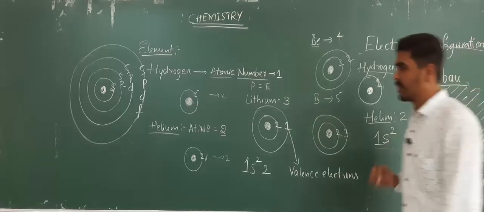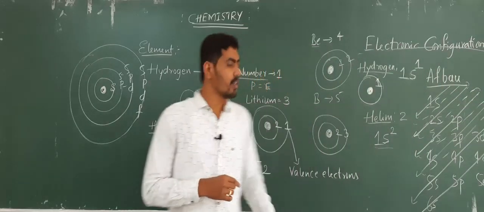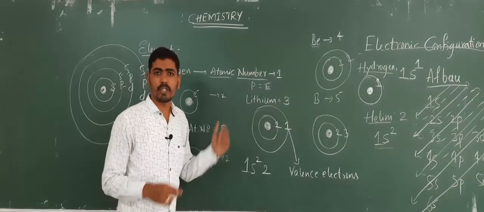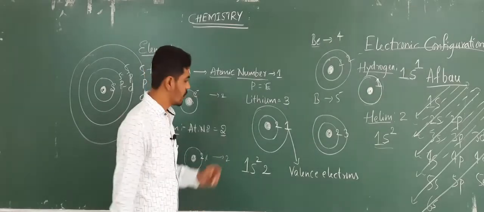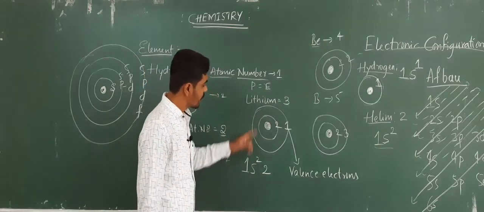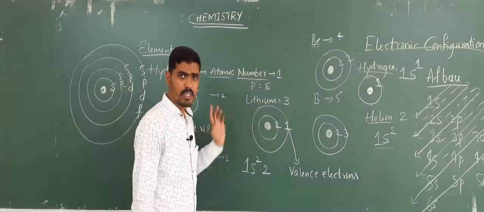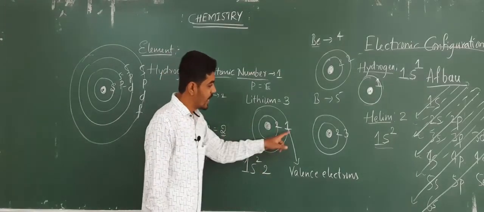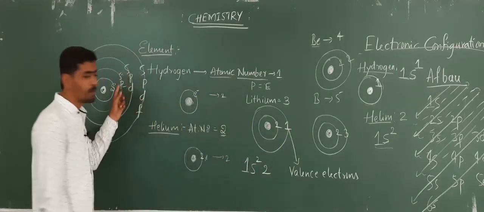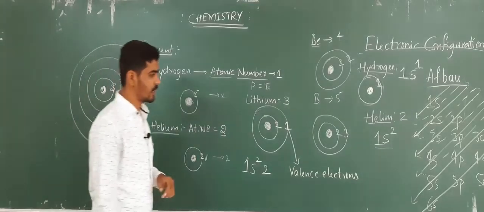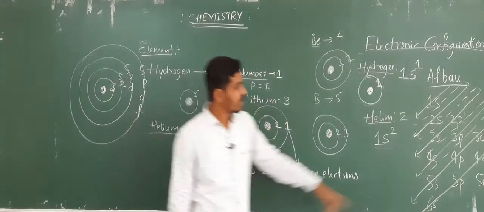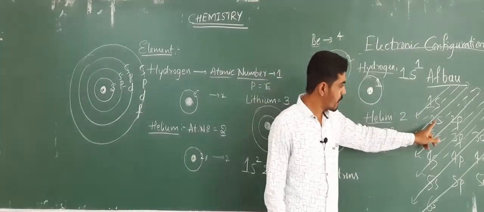Now you are writing the electronic configuration of lithium. So here observe it, 1s2 is completed. Next S and P, two subshells are there. Where does it go? See here, the arrow mark has passed through which one?